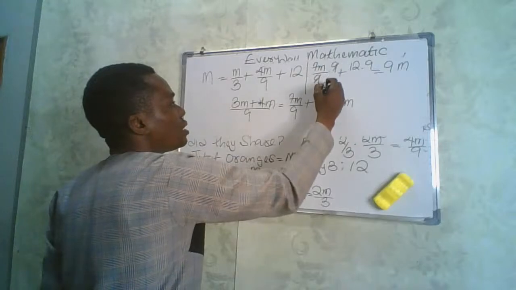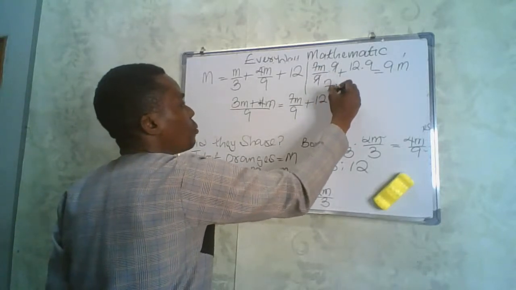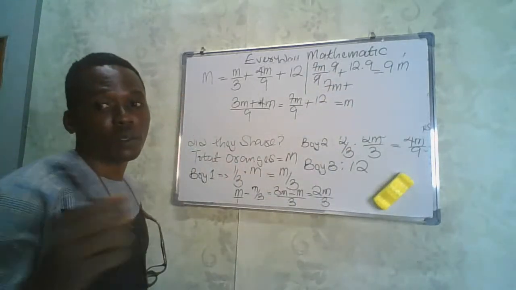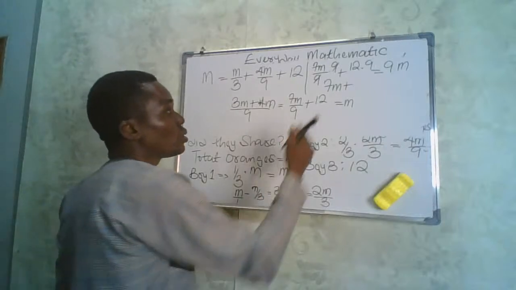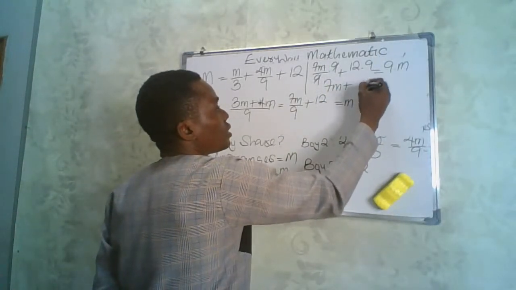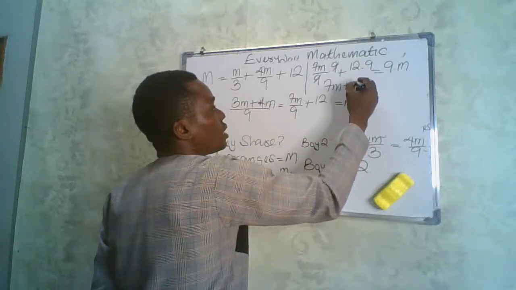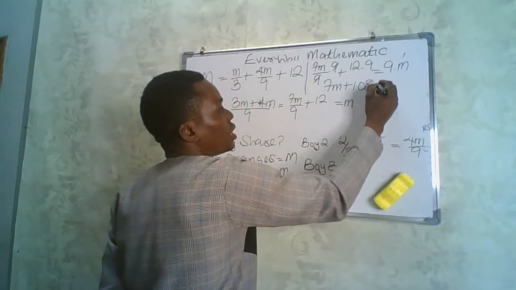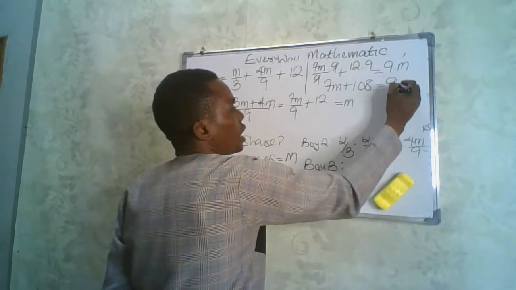Once this clears, we have 7m plus 12 times 9, which is 108.